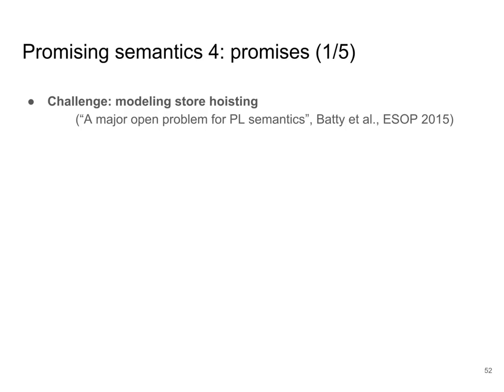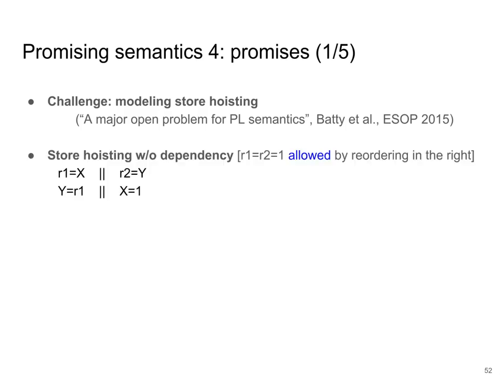In the field of concurrent programming, it is known as a major open problem for programming language semantics of concurrency because of the following reasons. It doesn't seem very difficult at first, but it is actually a little bit difficult for the following reasons. So let me first explain what is store hoisting.